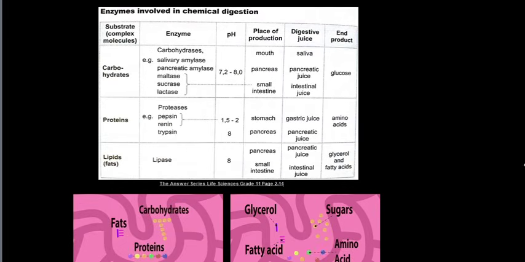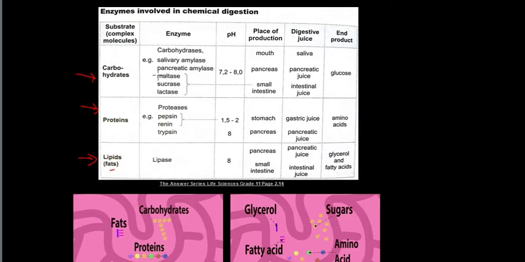You need to know some of these enzymes that are involved, and the three major enzymes are for the three major groups that will be processed in the digestive system. The first one is carbohydrates, then proteins, and then lipids or fats.